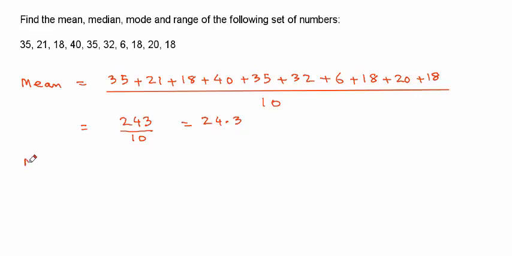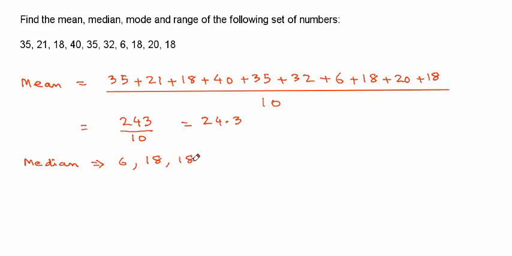To find the median, let's not forget to arrange them from smallest to largest or from largest to smallest. Let's go smallest to largest. So we have the smallest number on this list as 6. Then we have 18, 18, 18, 3 18s.